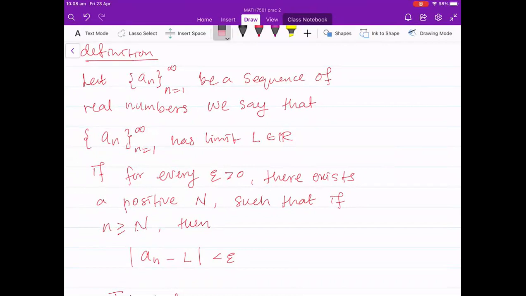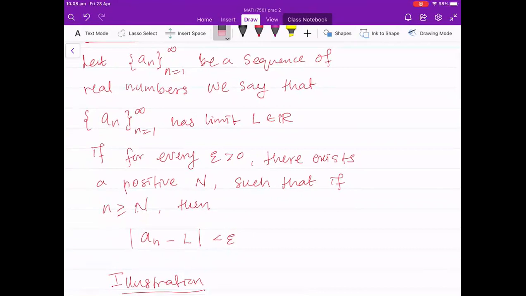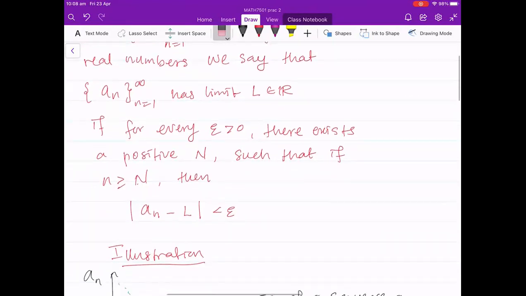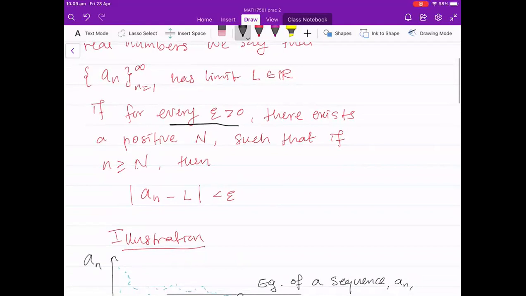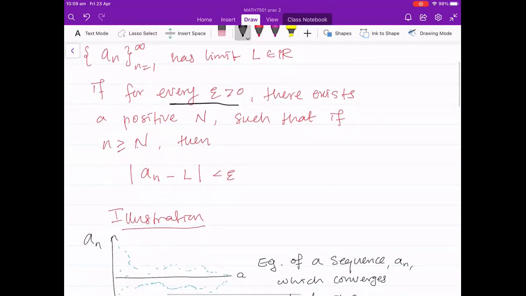If we let a_n, n equals 1 to infinity, be a sequence of real numbers, we say that the sequence has limit L, which is in the reals, if for every epsilon you give me, there exists a positive integer N such that for any n greater than or equal to N, the absolute value of a_n minus L is less than epsilon. So this just bounds a_n by a small number.